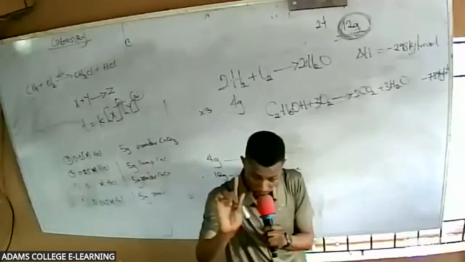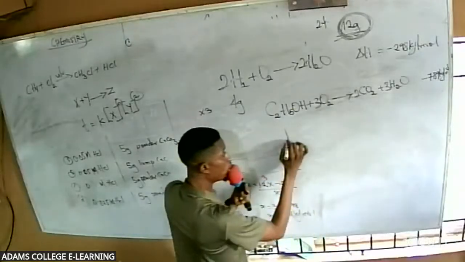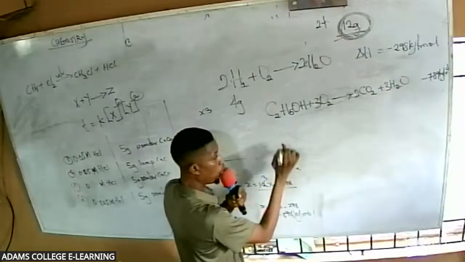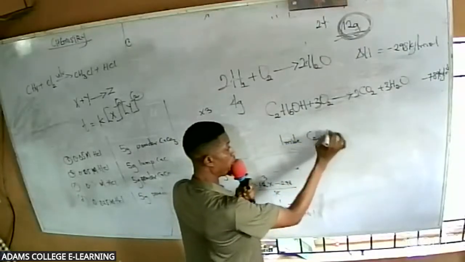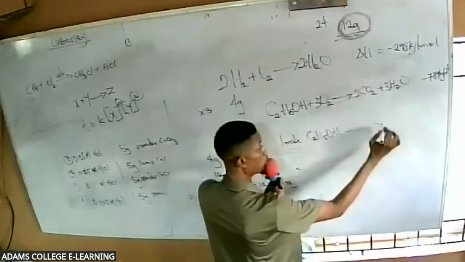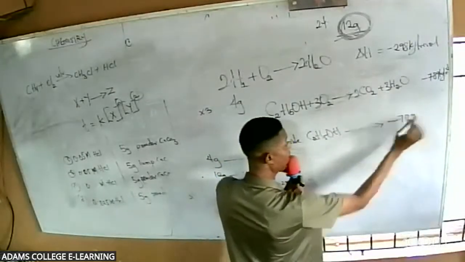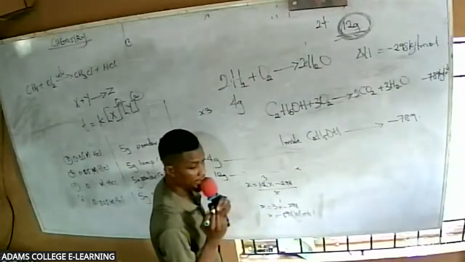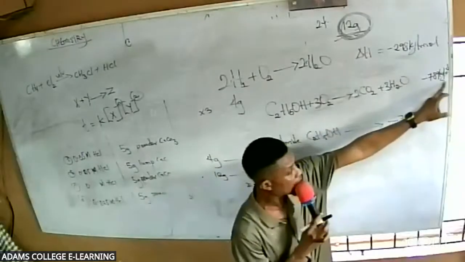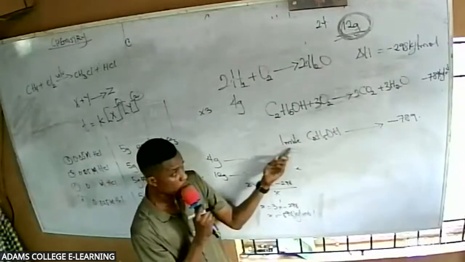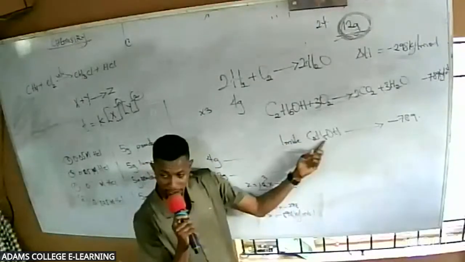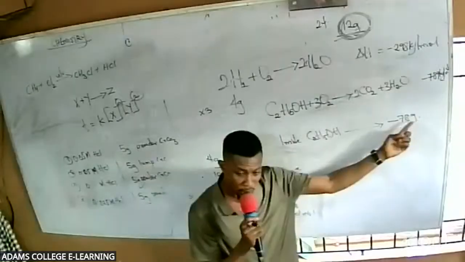Per mole, which means 1 mole of C2H5OH releases minus 789. That's the meaning of this 789 kilojoules per mole.